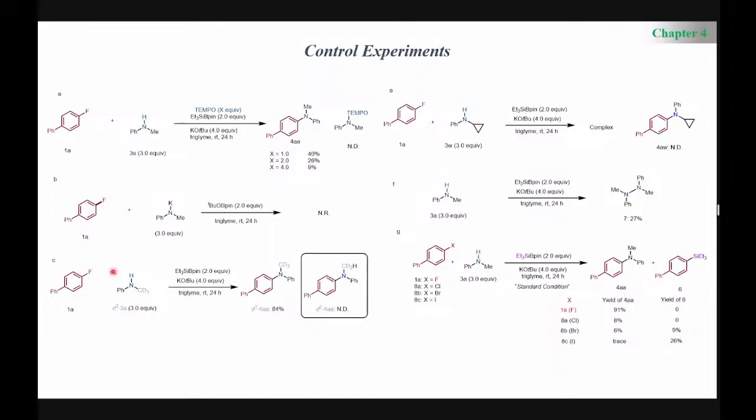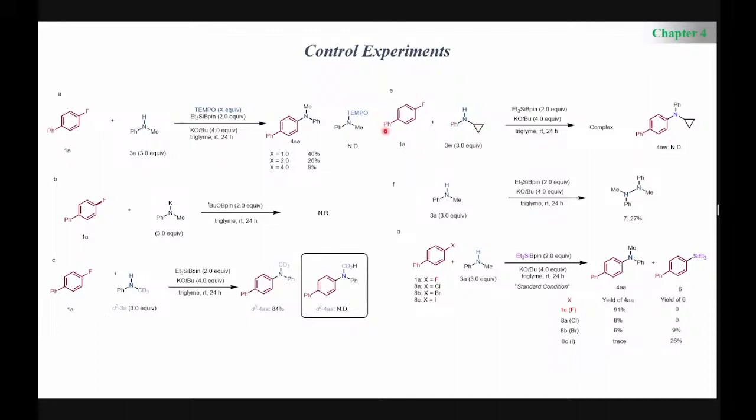Furthermore, this deuterated methylaniline was employed in the reaction, and we got 84% yield of product, and this deuterium exchange product wasn't detected. So we can say this methyl group is not involved in the reaction. A radical clock experiment with the aryl fluoride and this cyclopropylaniline was conducted, and this reaction didn't yield the corresponding product.